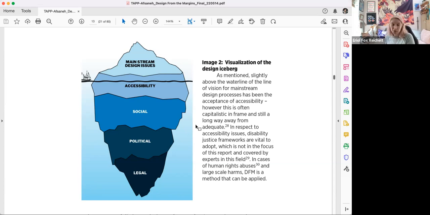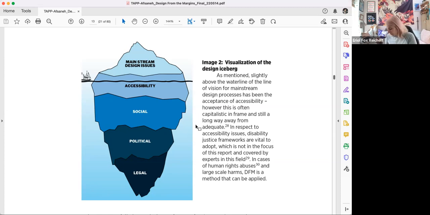The thing that I added to this diagram, which I'm going to be using in a workshop, is, because I'm thinking about colonial ways of doing design, I added in the water, or described what the water is around the iceberg as colonial history.